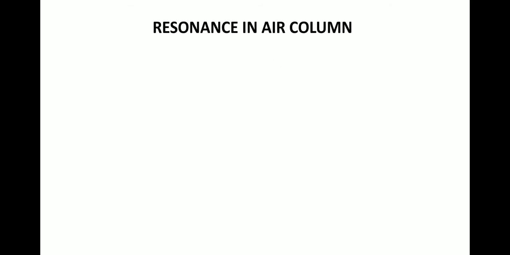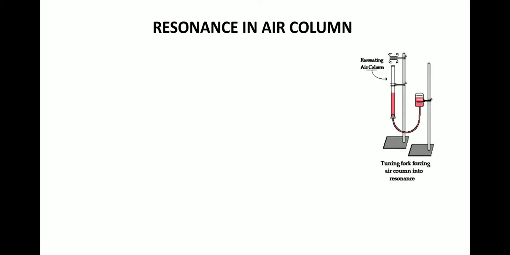Next, we have resonance in air column. Look at the picture. There is a tuning fork which is attached on the stand, and also there is a pipe which contains water, and this water is again connected by a reservoir at a different stand.